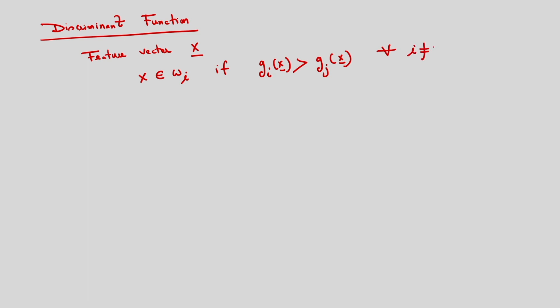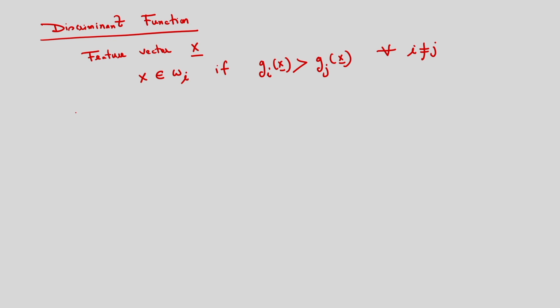Suppose I have a feature vector x. x can be assigned to the class, I can say, suppose omega i, if the condition is gi(x), that is the discriminant function for the class omega i, is greater than gj(x) for all j not equal to i.